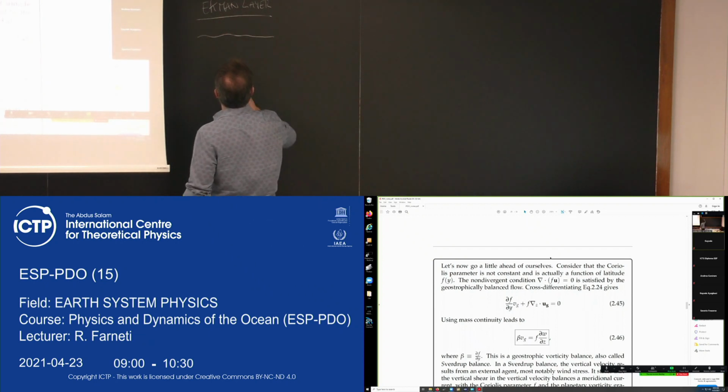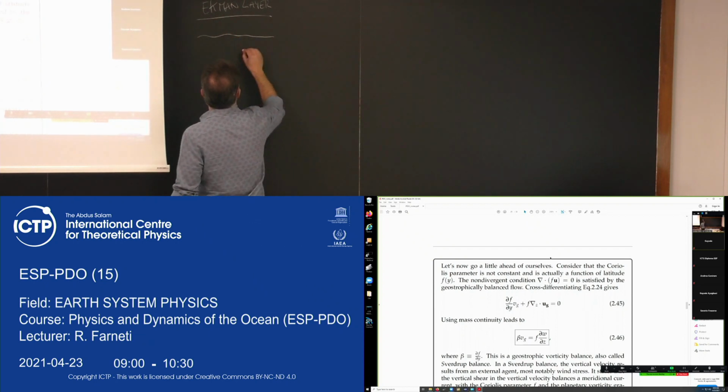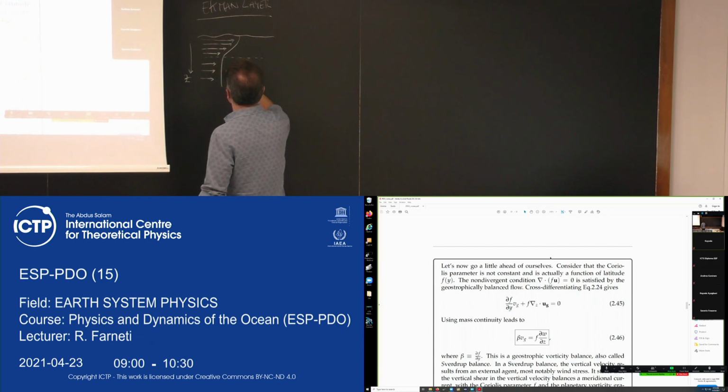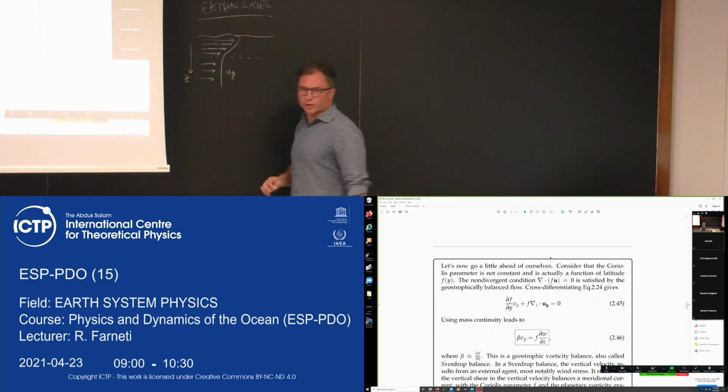So our assumptions are going to be the usual ones. Okay, we have a surface where you have some velocity that is a function of depth, and then you have an interior ocean where you only have a geostrophic velocity.